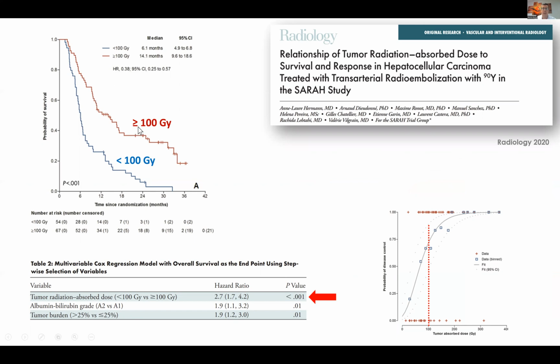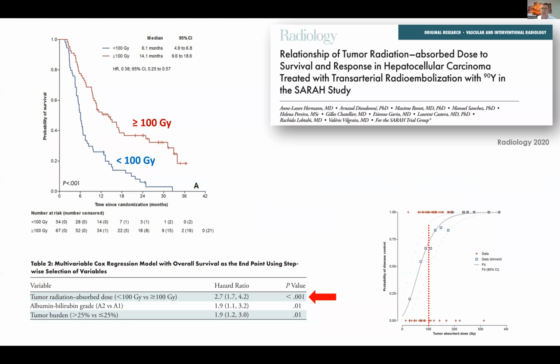But when they looked at the dose actually received by the tumors, they could separate the patients between those who received a high dose versus those who received a low dose. And the overall survival was completely different. This is completely in line with the basic principle that I showed you previously.